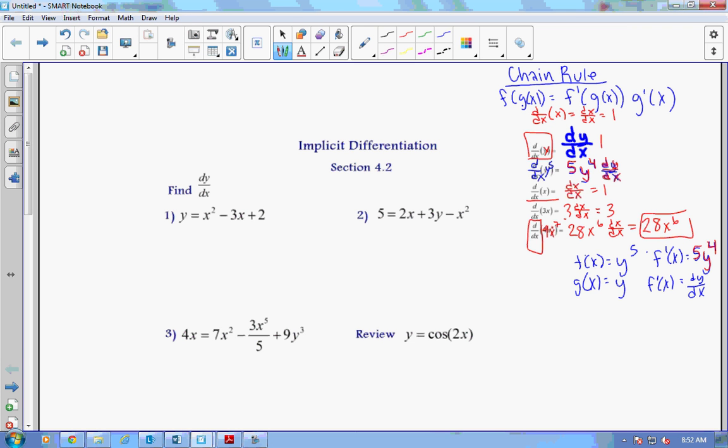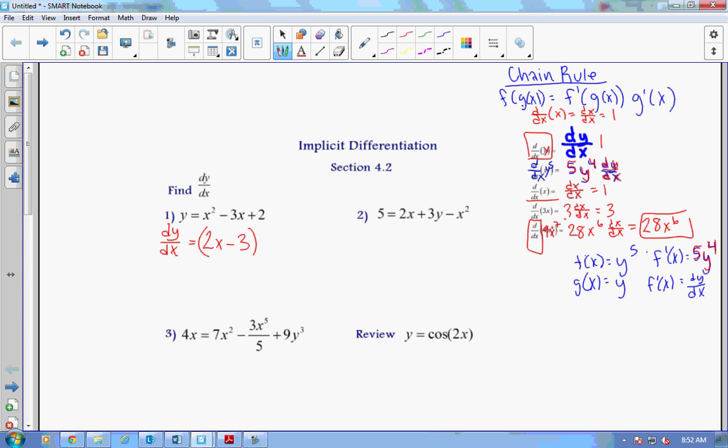Okay, so number 1, you guys can do this one. This is just a polynomial. If we find dy dx, well, the derivative of y is, we just did this, dy dx, which equals, if we find the derivative of that polynomial.